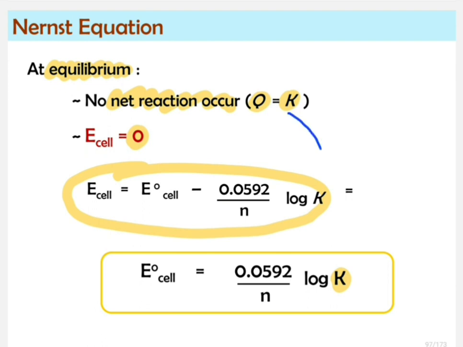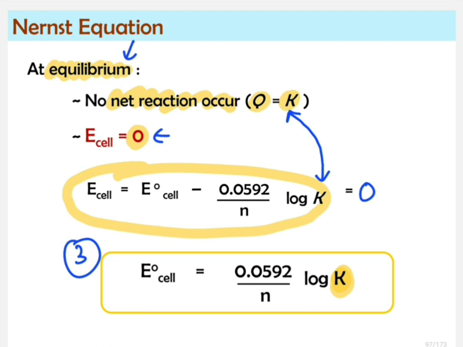Sebab sekarang reaction dah at equilibrium. Jadi Q is equals to K. Jadi this whole expression is equals to 0 because cell potential is 0. So kita boleh dapat satu lagi formula yang ketiga at equilibrium. E naught cell equals to 0.0592 divide with n log K. Jadi equation ni kalau at equilibrium kita boleh guna untuk cari nilai equilibrium constant.